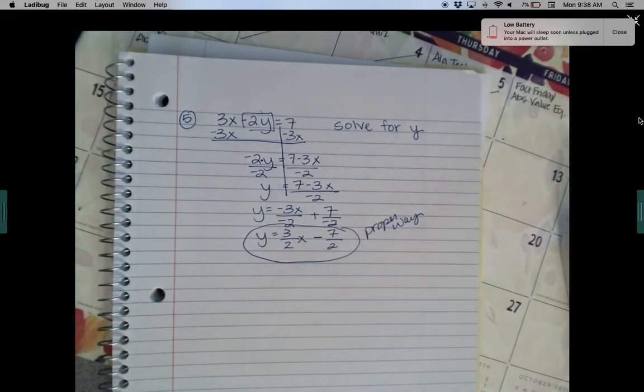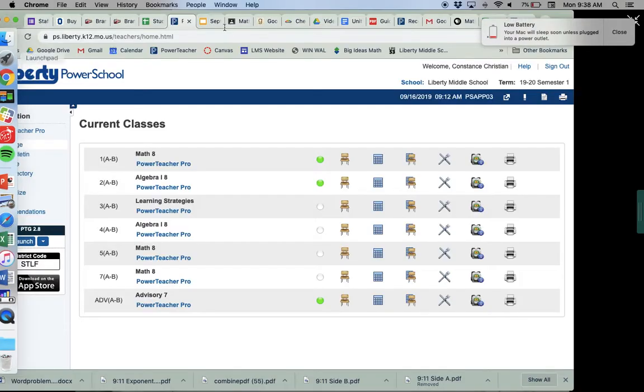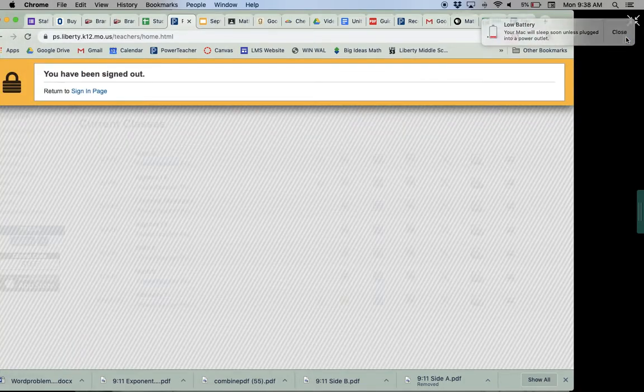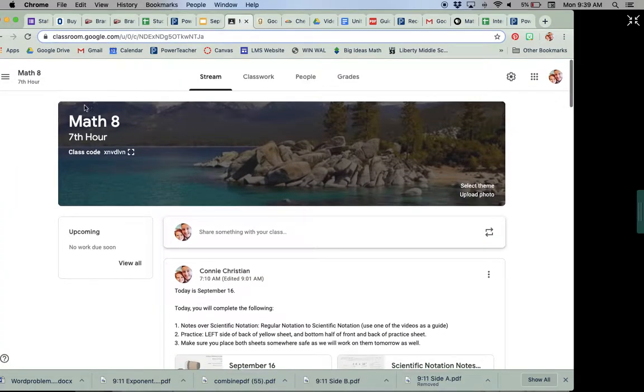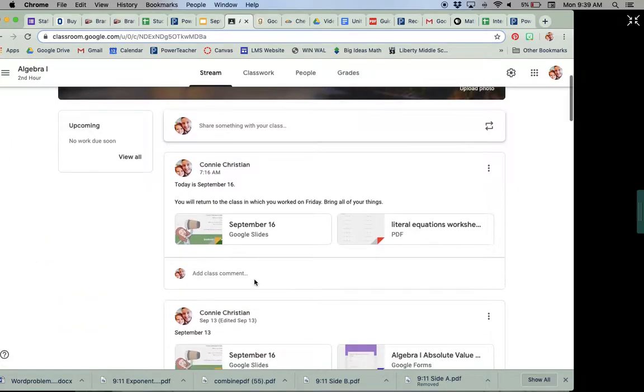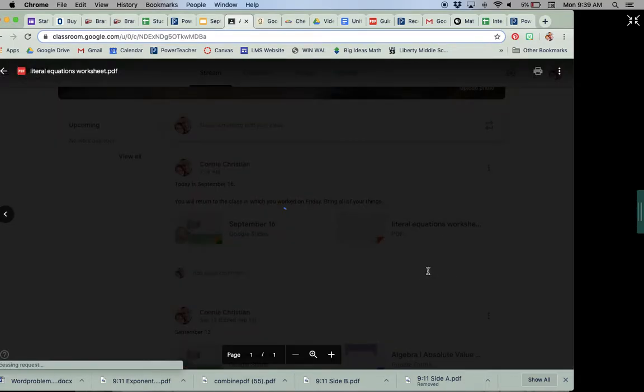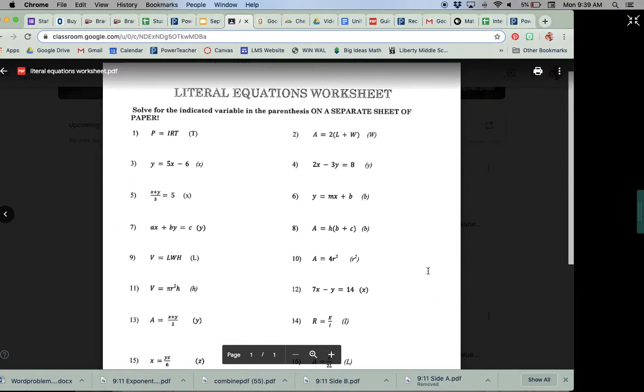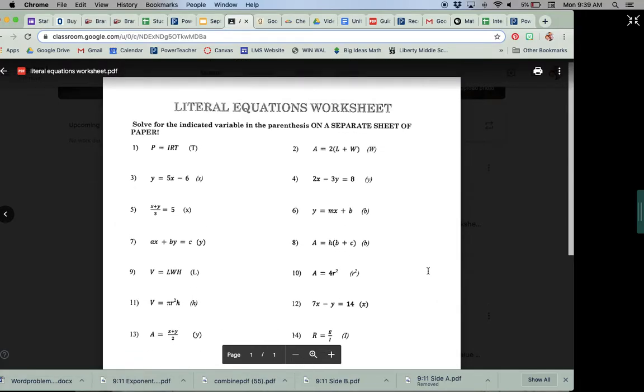Okay, if you are in my class, and I'm pretty sure the same goes for Ms. Detlefson's class, your assignment is posted to Google Classroom. I'm going to show you how I post it. It looks like this. It says literal equations. You are solving for the indicated variable in the parentheses on a separate sheet of paper.